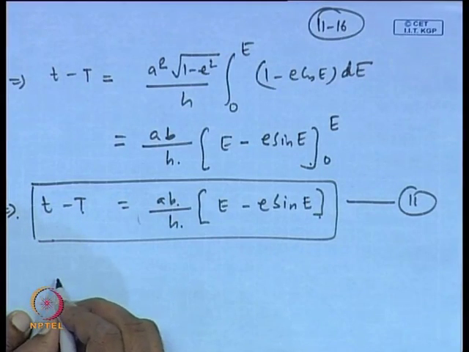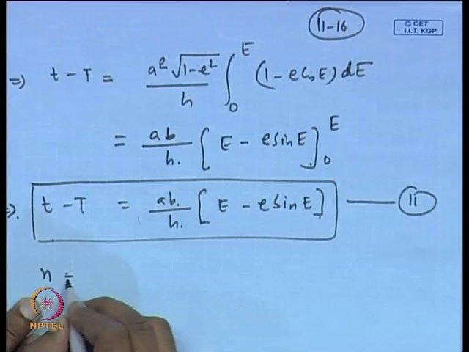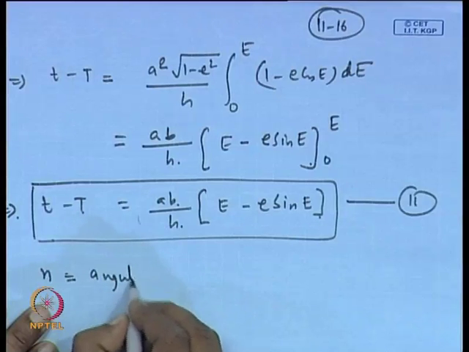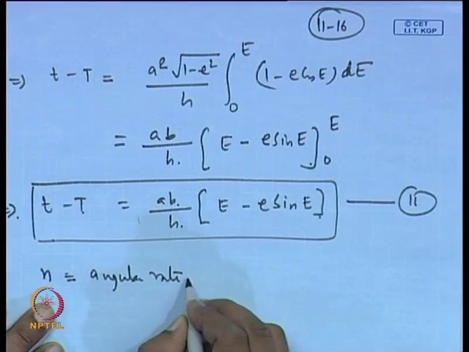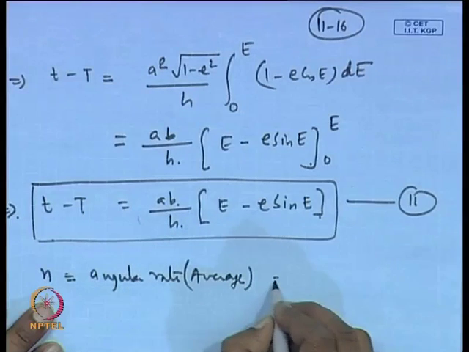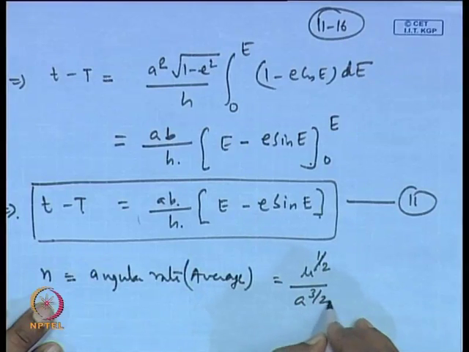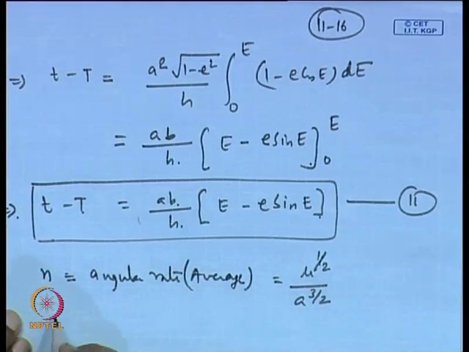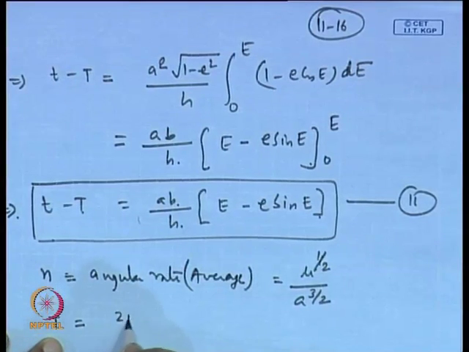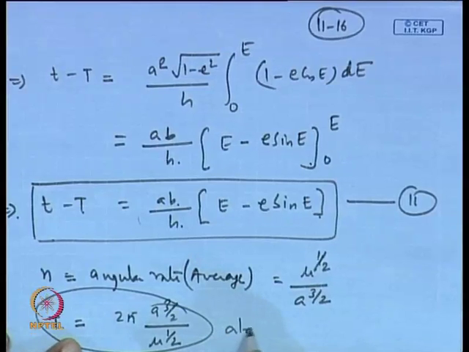We know n, the average angular rate, is nothing but mu to the power 1 by 2 divided by a to the power 3 by 2, and the time period is therefore given as 2 pi a to the power 3 by 2 divided by mu to the power 1 by 2. Already this has been proved.